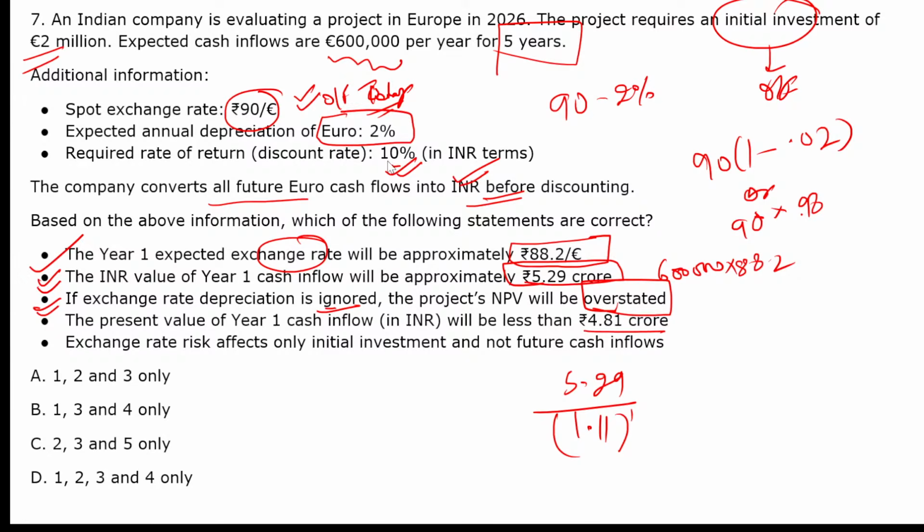Future value divided by 1 plus r power n, so 5.29 divided by 1.10 power 1. Yes, it will be less than 4.81, around 4 point something. Yes, this is correct.